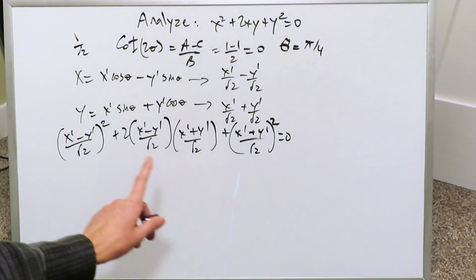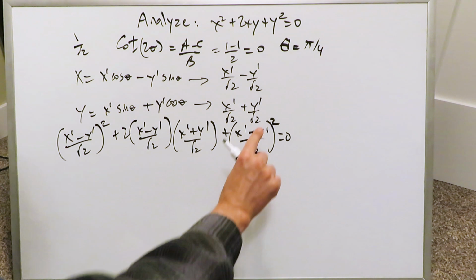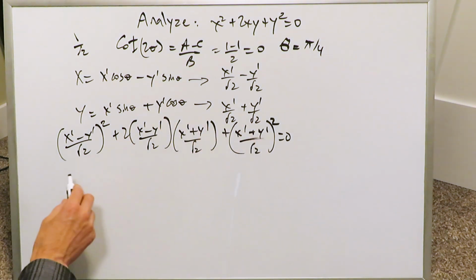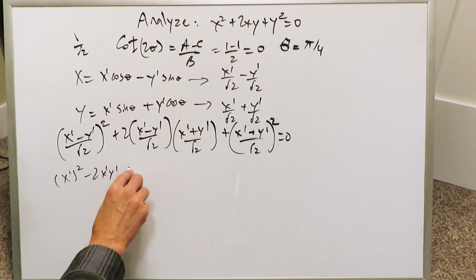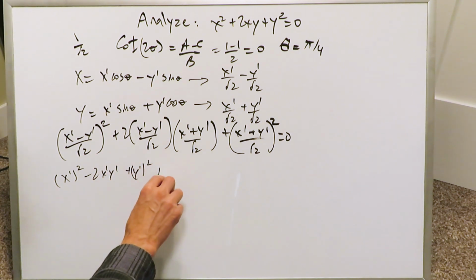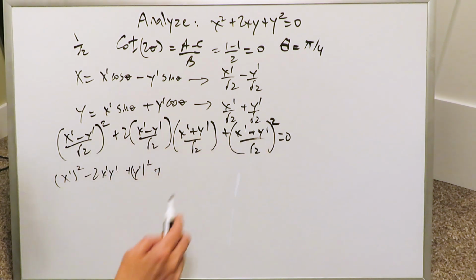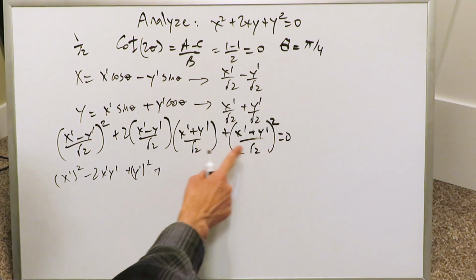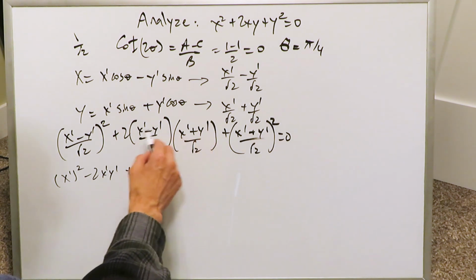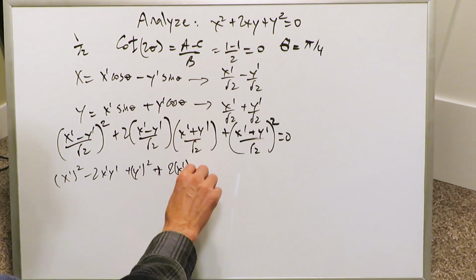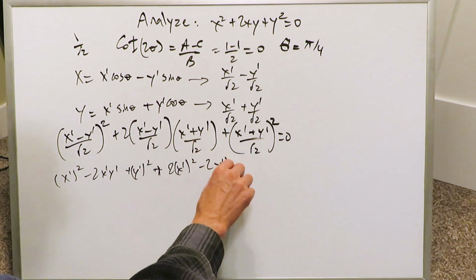You can essentially look at everything here in terms of the numerator line and the denominator line and work accordingly. You'll have x prime whole squared minus 2x prime y prime plus y prime whole squared, plus, I'm working just all the way across in this numerator because everything here will be over 2 in terms of a common denominator. Plus, when I open this up, I'll have 2x prime whole squared minus 2y prime whole squared.